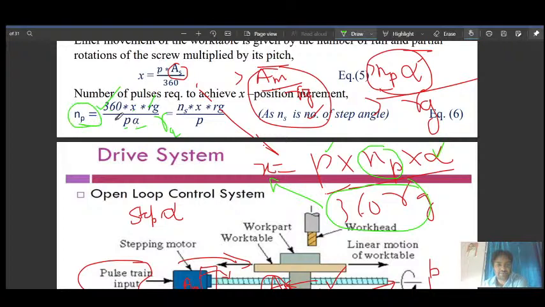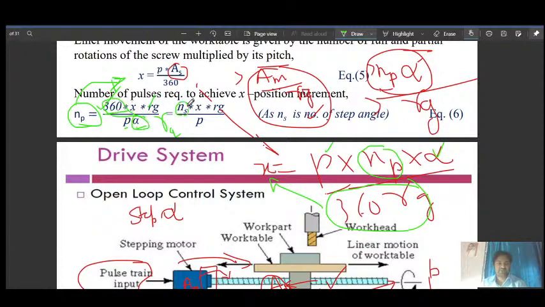So that is the number of pulses required to drive this much distance, x distance. And again 360 by alpha is the number of steps per revolution.